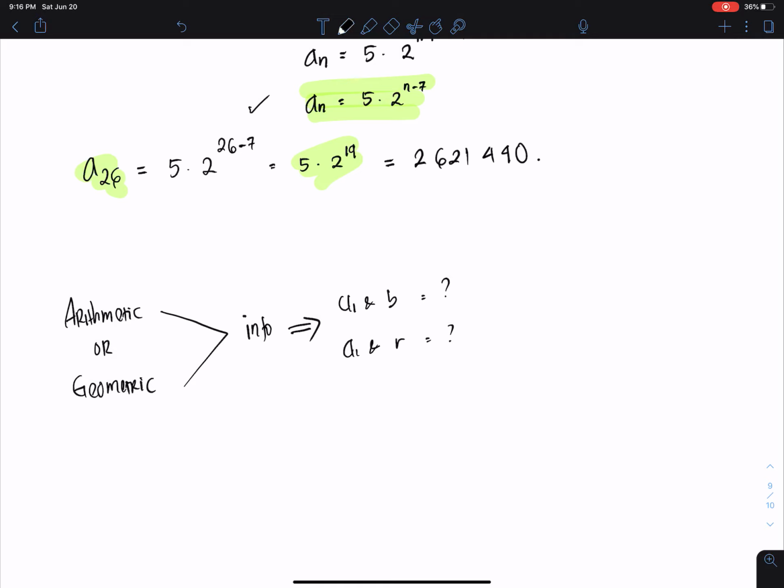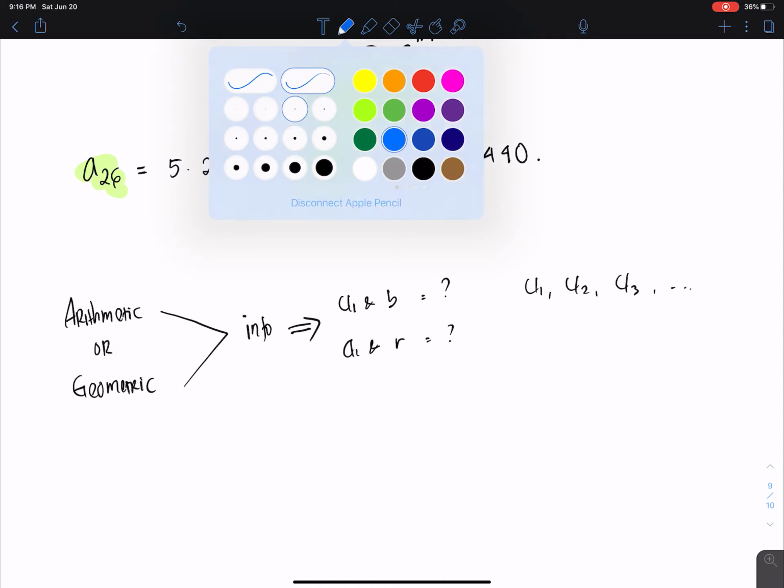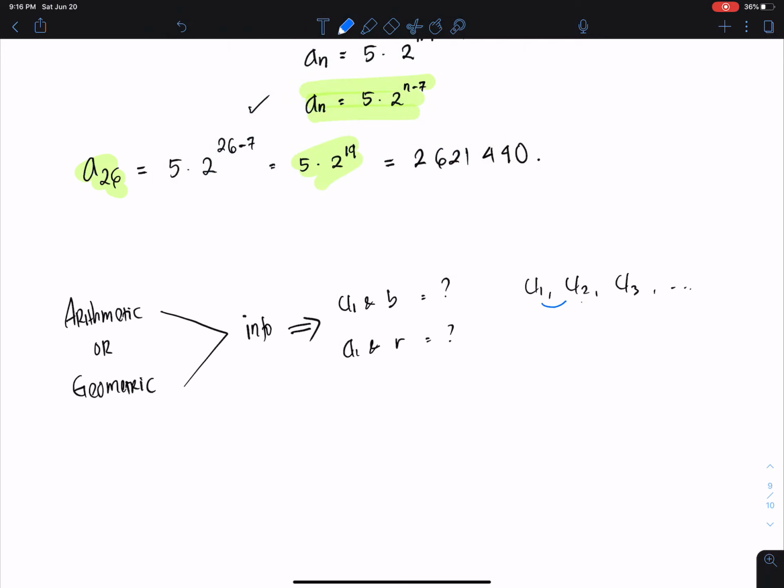In the case where it doesn't mention whether the sequence is arithmetic or geometric, for example, they write down U1, U2, U3 with certain numbers, what you need to do first is check whether the difference is fixed. If the difference is fixed with the same number, that means it is an arithmetic sequence.